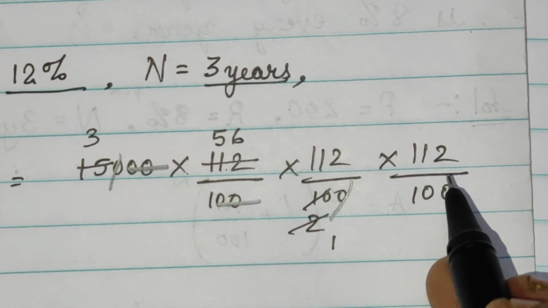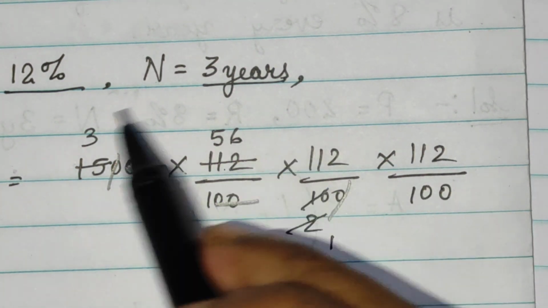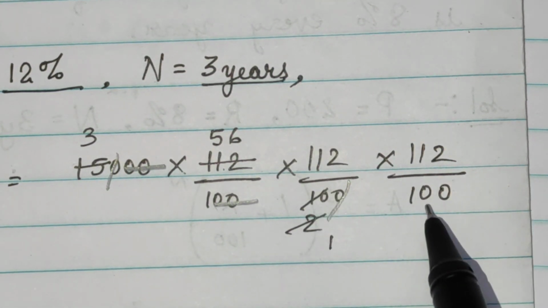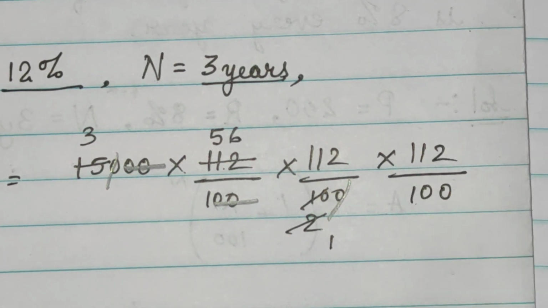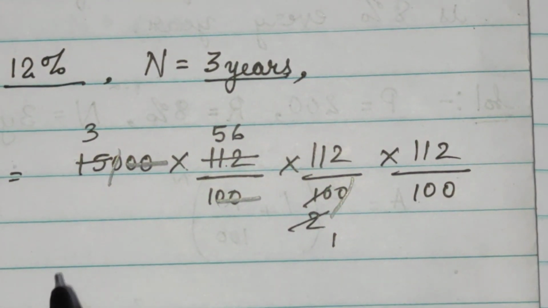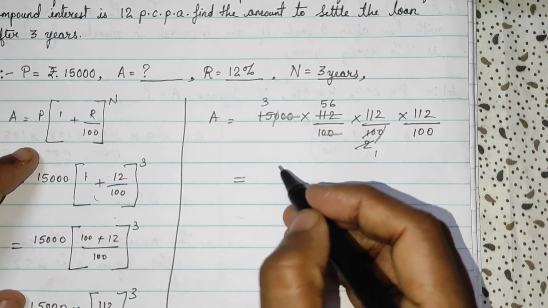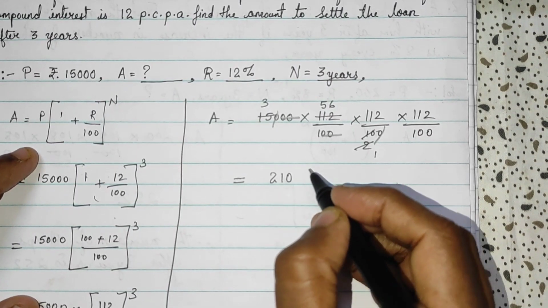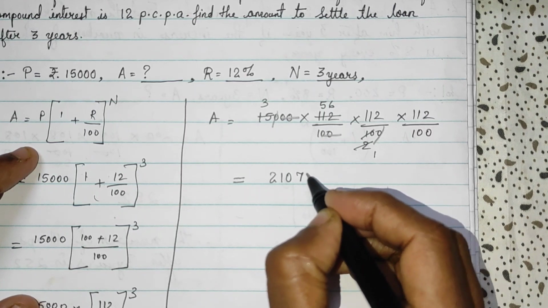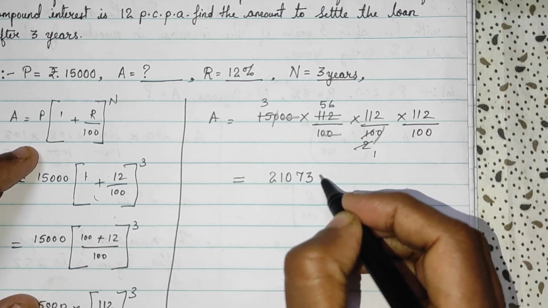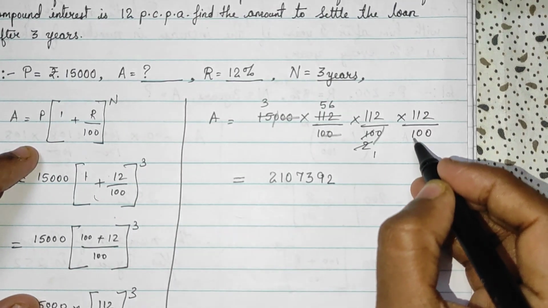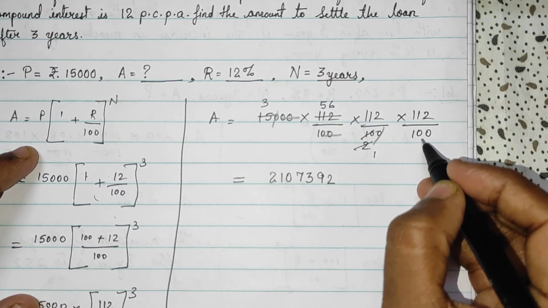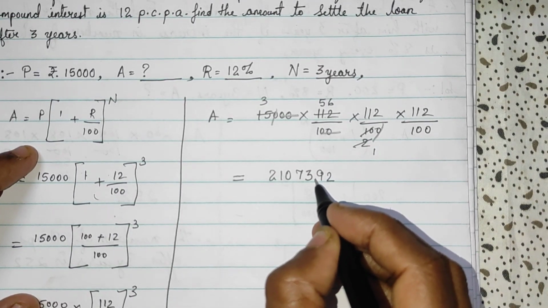Now let's multiply all this, and then this 100 we will take as a decimal. So after we multiply all this we get the final answer 2107392, and since we have denominator 100, that 100 will go here as a decimal.